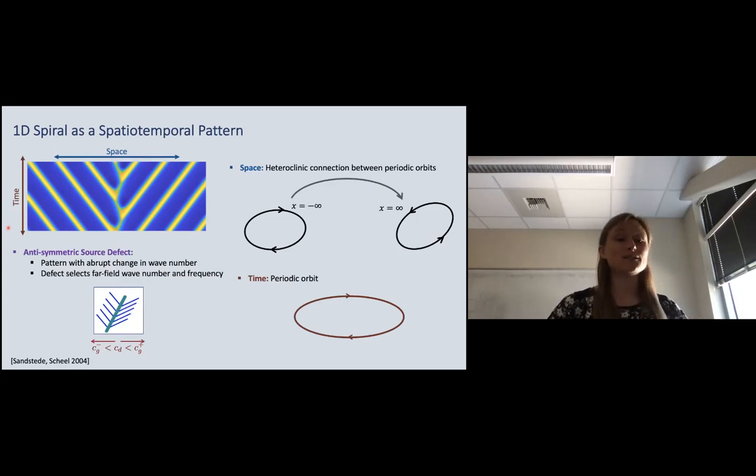It is a defect because as you travel in space from one side to the other, you see this abrupt change in the wave number at that core region. And it's actually that defect in the center that selects uniquely the far field wave number and the frequency. It's a source defect because if you compute the group velocities on either side of the core, they're going to be pointed away from it. And so we're going to use this structure to really help us compute these spiral waves.